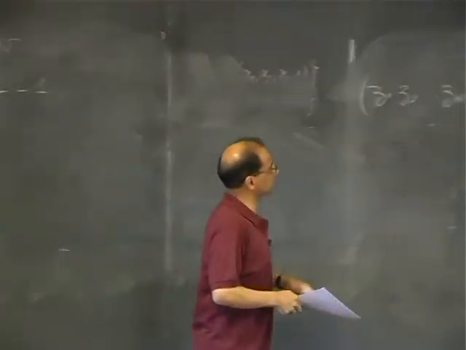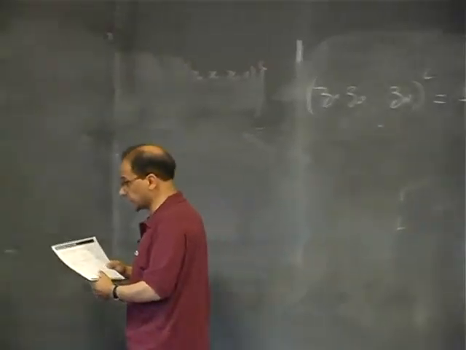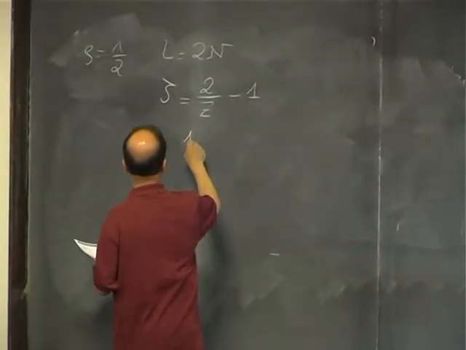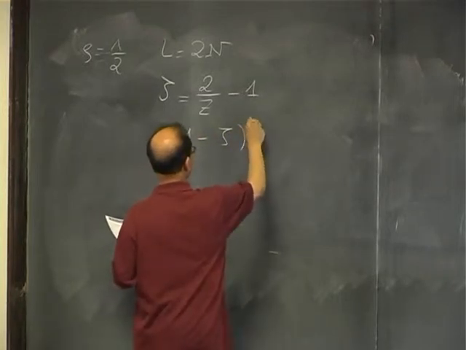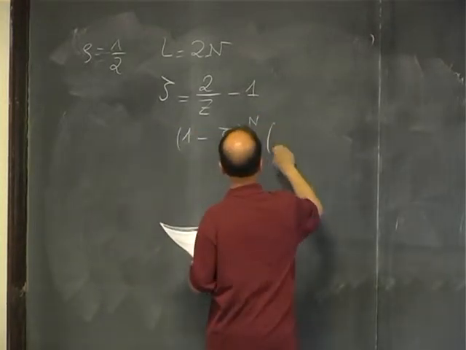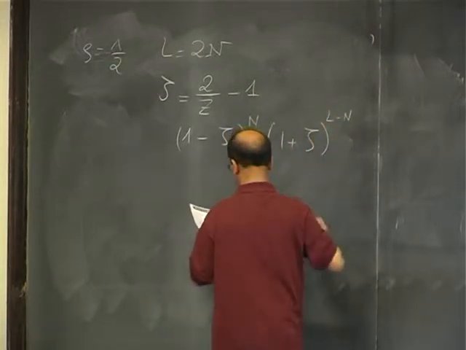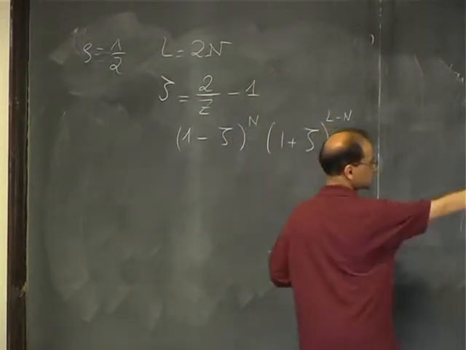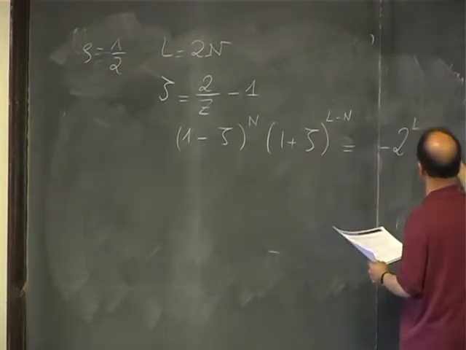You see, I don't really like this equation because it's a ratio and so on. So it will really become a polynomial. It will become (1 minus zeta) to the power n, (1 plus zeta) to the power L minus n, is equal to, so I substitute also on the right-hand side, and it gives you that.